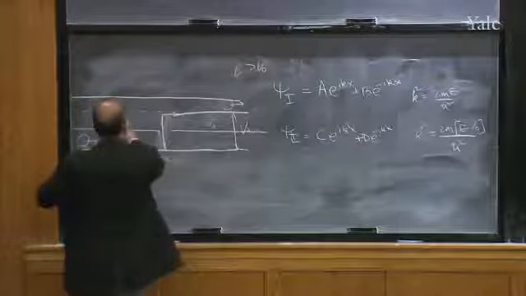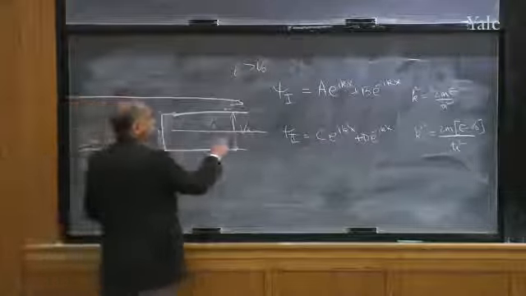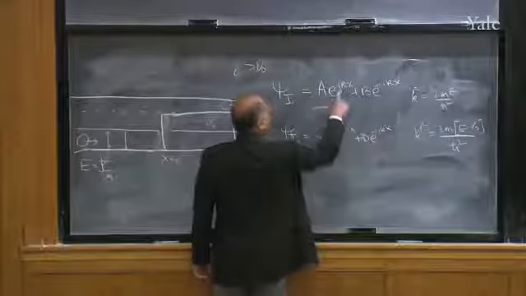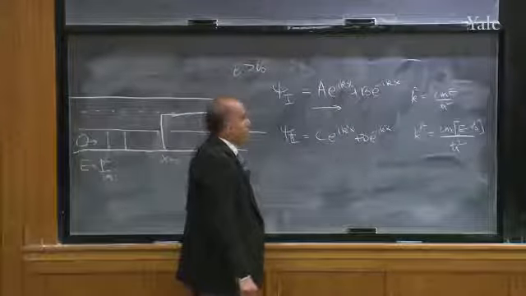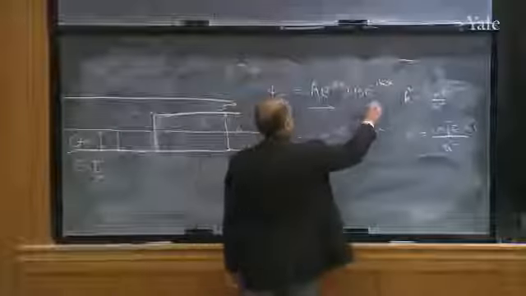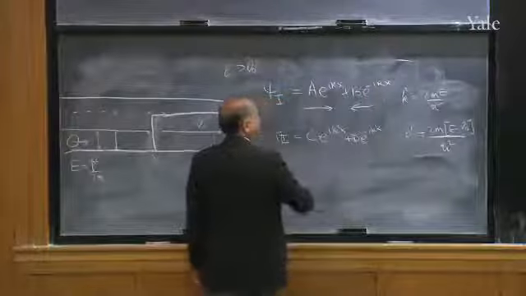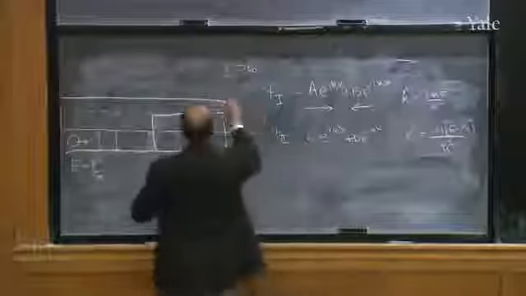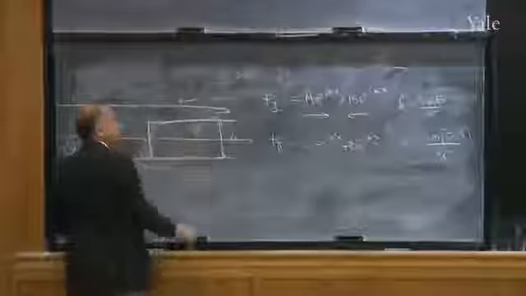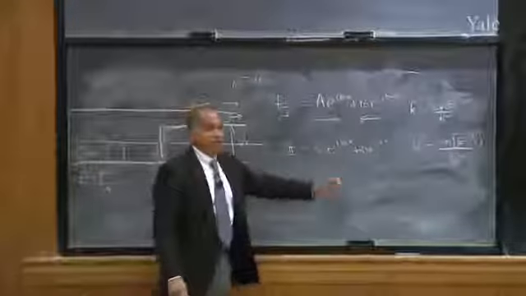So the wave function in this region has an incoming right-moving wave of momentum h bar k, and a reflected wave of momentum minus h bar k. And in this region, again, it has a right-moving and a left-moving part, because k can be of either sign.